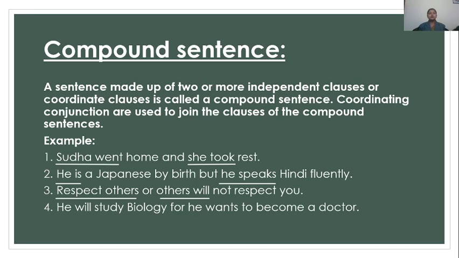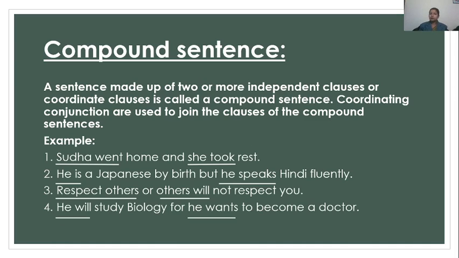Okay, now the next one is: He will study biology for he wants to become a doctor. He will study biology. This is one clause and it has one subject and one verb, he will. The second one is he wants to become a doctor. It is also complete in its sense.